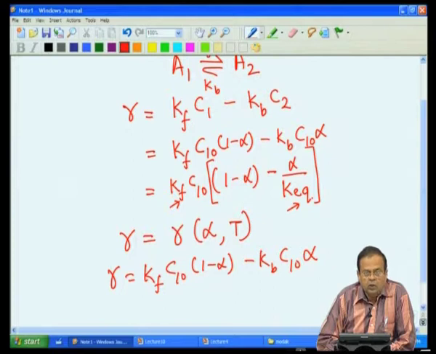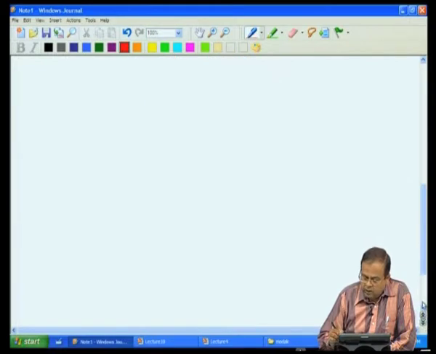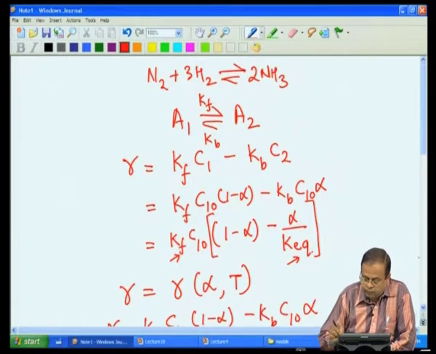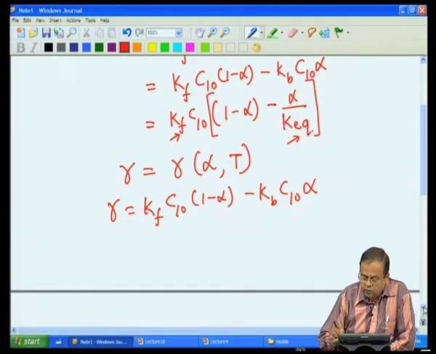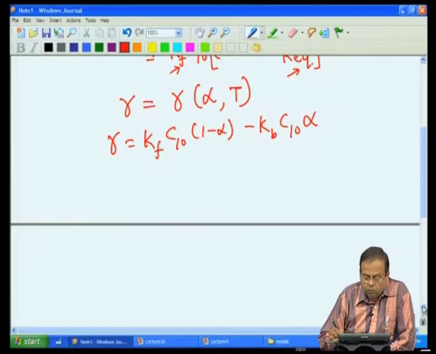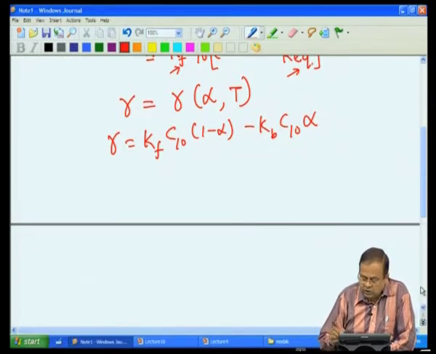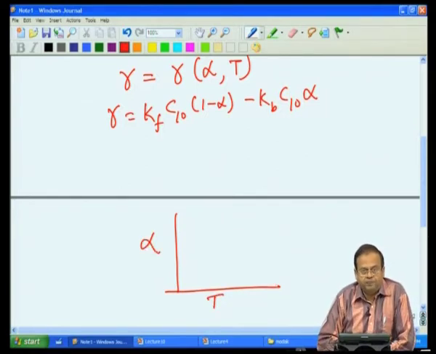For example, if we say that we will look at this expression in the following manner. Let us say that we look at this variation of rate in the domain of alpha and temperature. So, let us say that we want to look at how this rate will change in the phase plane of temperature and alpha.